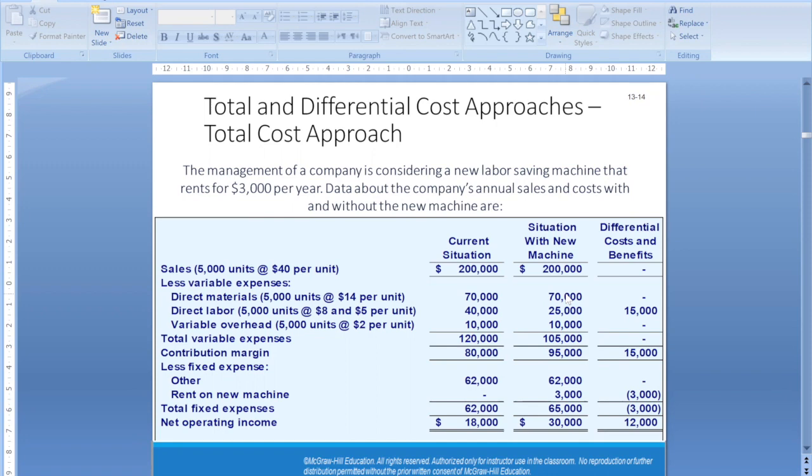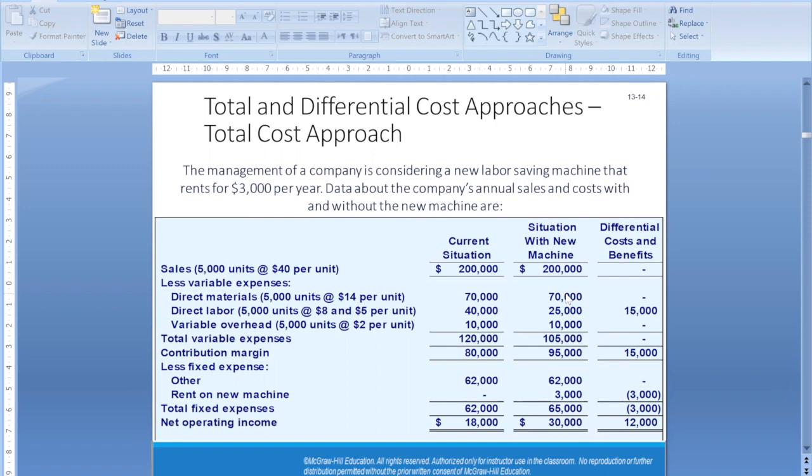If we include the machine, then we are saving $3 on the direct labor cost, and the cost for the new situation with the new machine will be 5,000 multiplied by $5, which is $25,000.